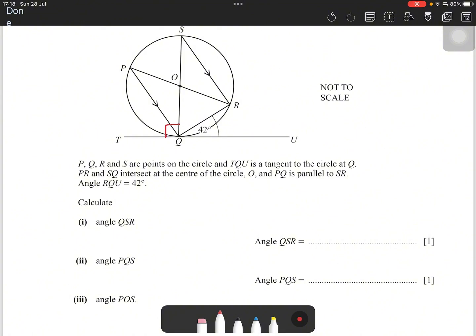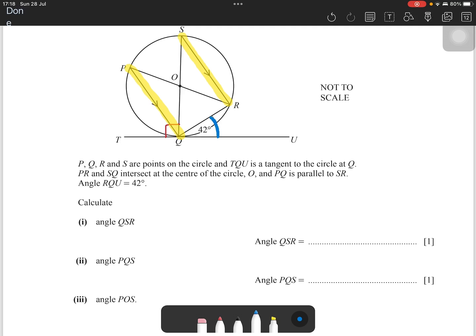PR and SQ intersect at the center of the circle O, and PQ is parallel to SR. Angle RQU is 42 degrees. This angle is 42 degrees. Find the angle QSR.